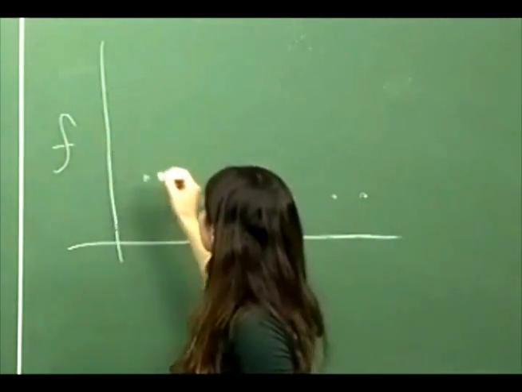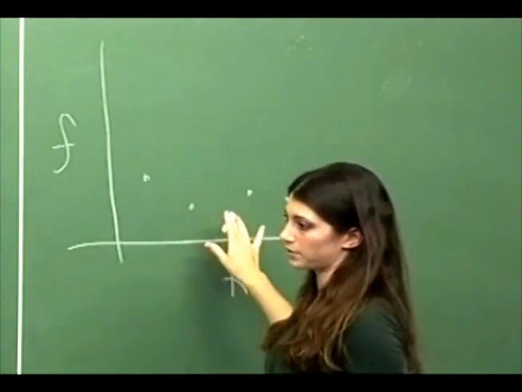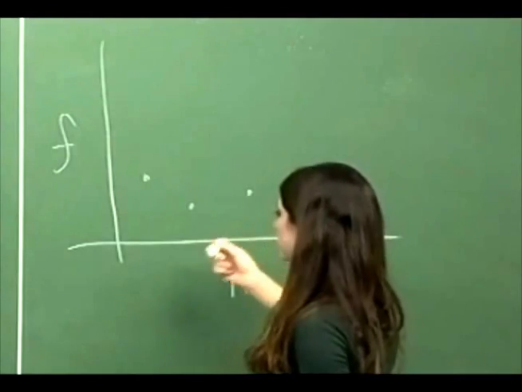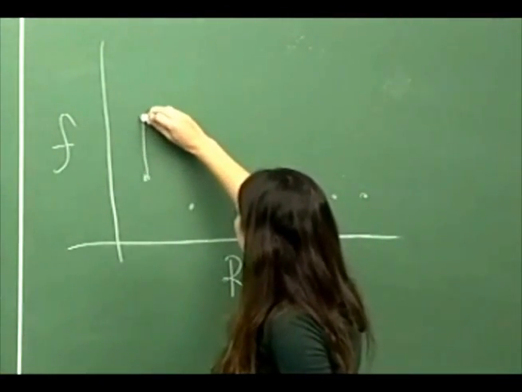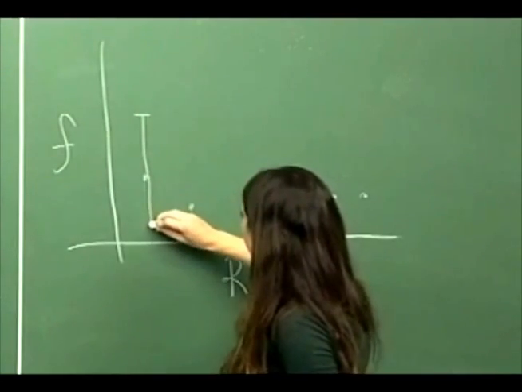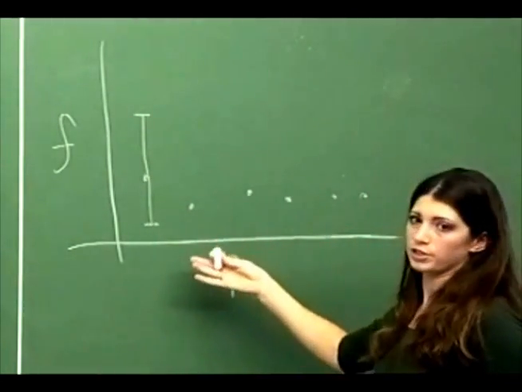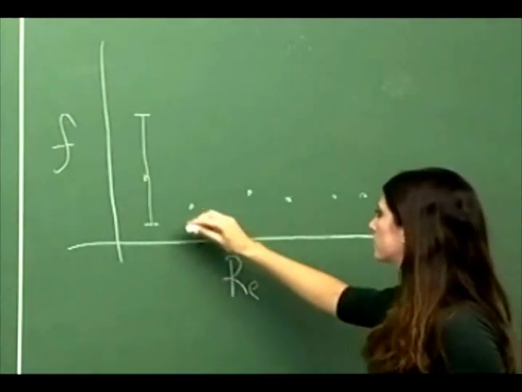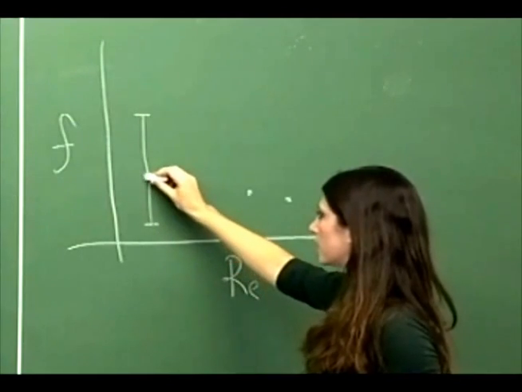But also, when you plot your data points, let's say you have something like this, and this is Reynolds, and that's friction. Now this is probably not exactly how yours will look, but just to give you an idea of what we'll be using the uncertainty for, we'll need you to put uncertainty bars on these data points to show the reader exactly how certain you are that your data point is in the correct place. So in this case, if your bars are this big, you have a very large uncertainty in this data point.